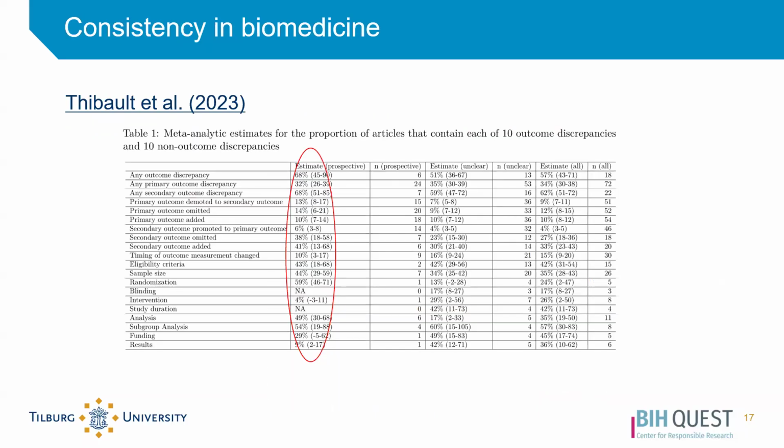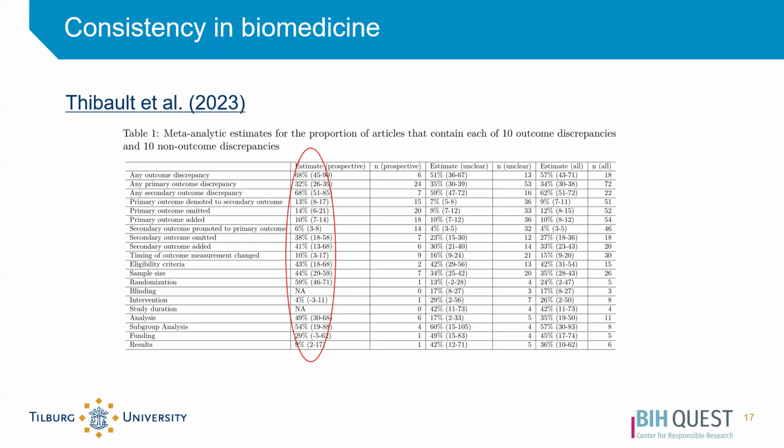Consistency in biomedicine. This is a study I've been part of as well, led by Robbie Thibault. What you can see here is a list of things that can be inconsistent between the registration and the publication. For example, the analysis or the sample size or eligibility criteria.